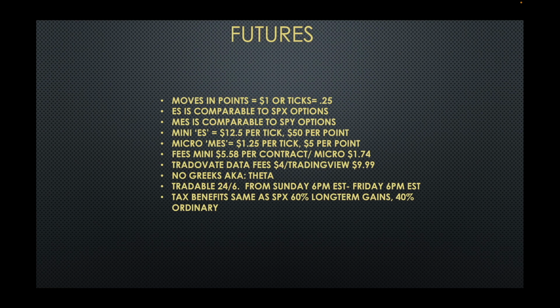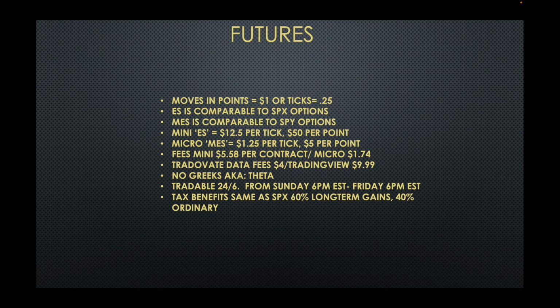Basically, it's dollars: lost $100 or up $100. Each dollar move is broken down into, like I said earlier, 4 ticks for 25-cent increments. And then I'll go over how much dollar value it is per tick or per point.